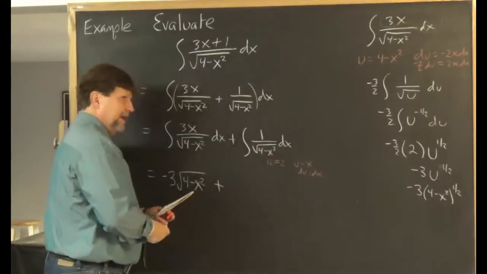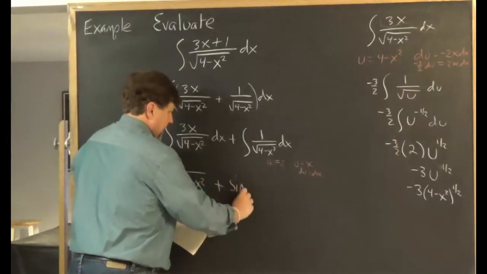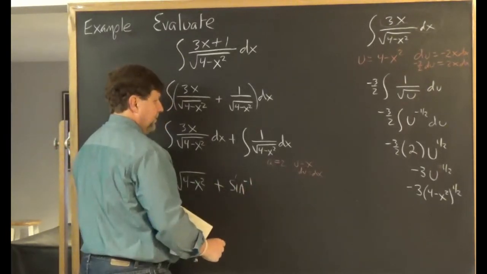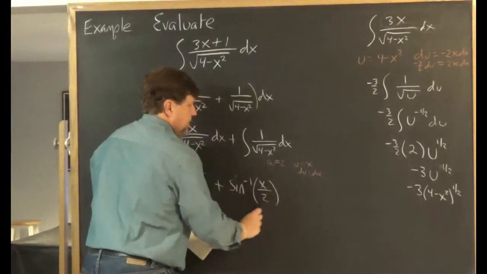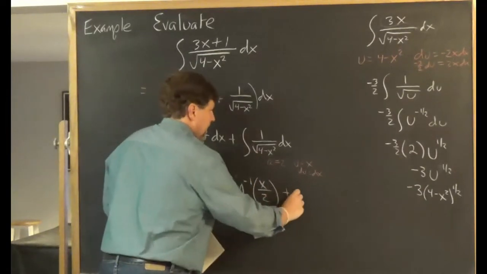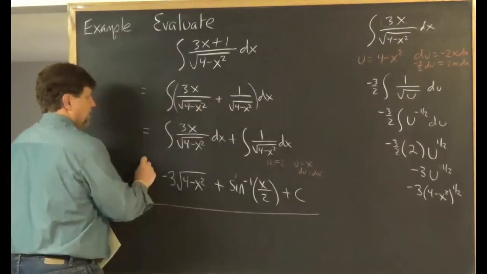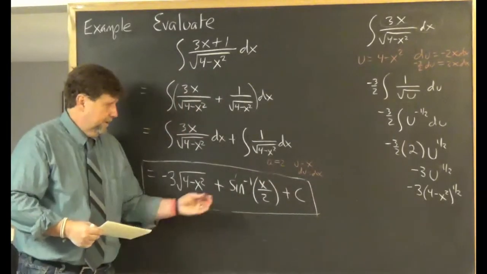So I immediately get the antiderivative to be inverse sine of u over a. That's x over 2. That's an immediate recognition. Tack on a plus c. And that's it.